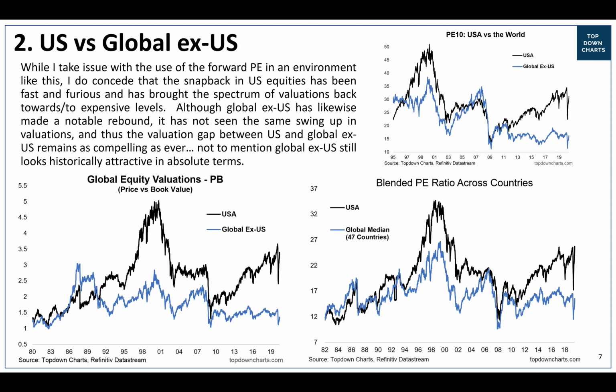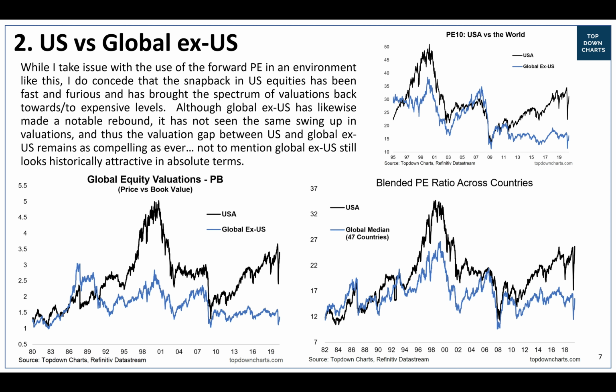I did an exercise of basically neutralizing the sector differences, and certainly on the PE10 ratio, US valuations do come down a little bit. They still look very expensive versus history, and on the global ex-US side, the valuation did go up a little bit.